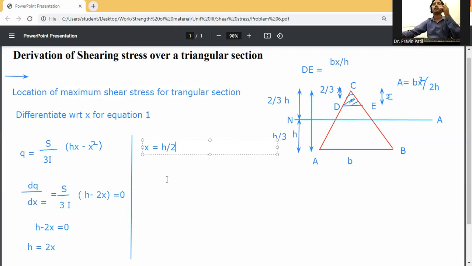So put x is equal to h by 2 in equation 1.